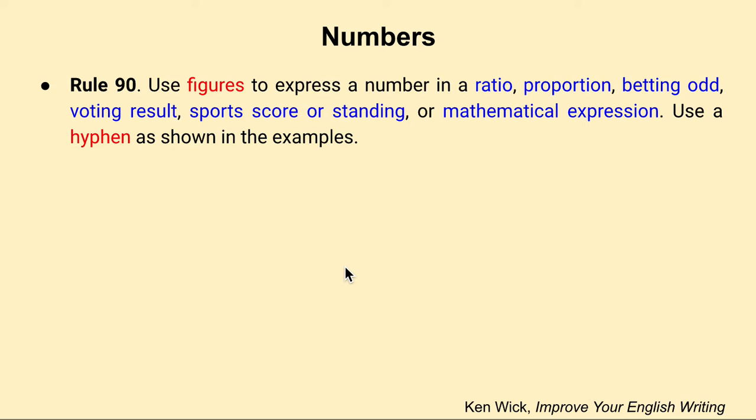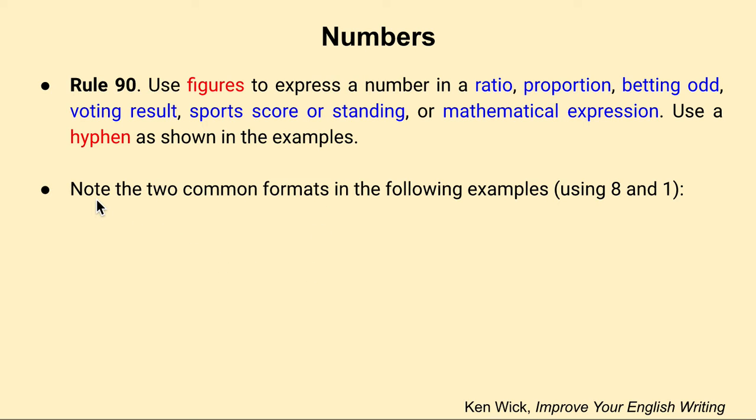So the last rule is use figures to express a number in a ratio, proportion, betting odd, voting results, sports score or standing, or mathematical expression. Use a hyphen as shown in the examples. So let's go through all these.